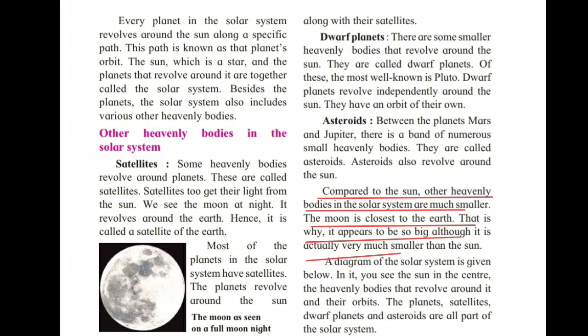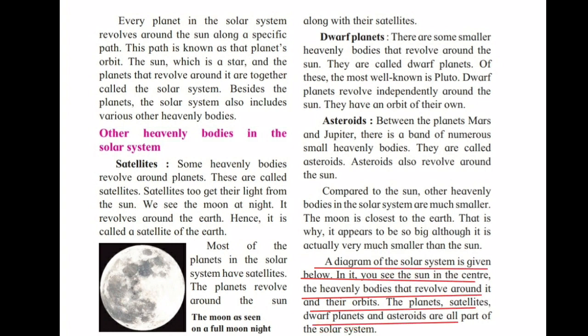Compared to the sun, other heavenly bodies in the solar system are much smaller. The moon is closest to the earth. That is why it appears so big, although it is actually very much smaller than the sun. A diagram of the solar system is given below.